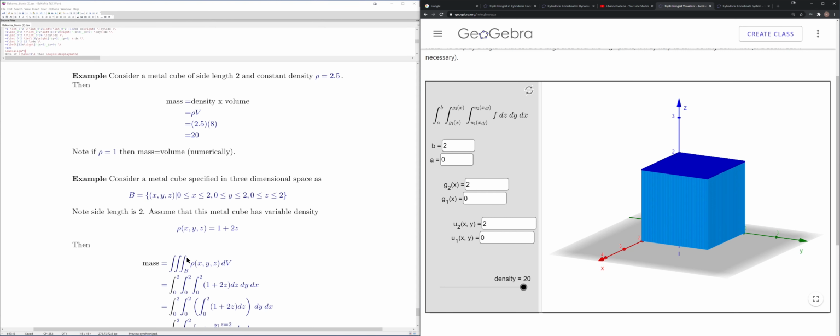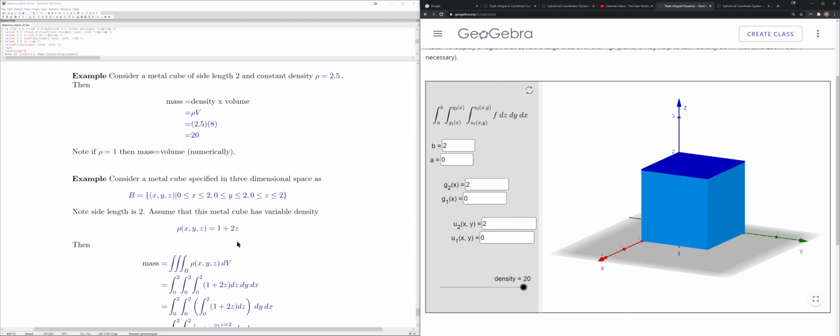If you're working out a triple integral, you're going to be integrating over some solid region, and the solid region, capital B in this case, is the solid cube. You're going to be integrating a function over that solid region, and the function is possibly changing values for different points in your solid region.